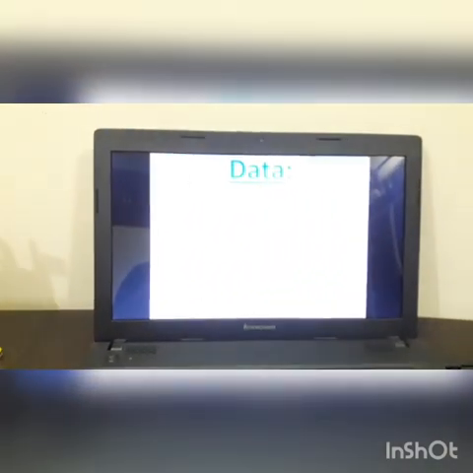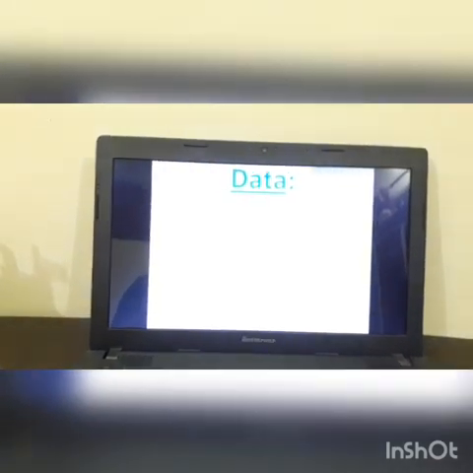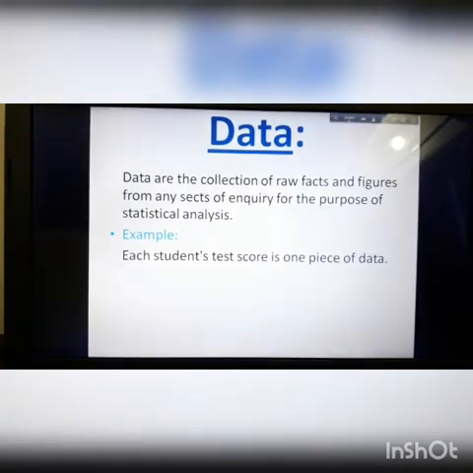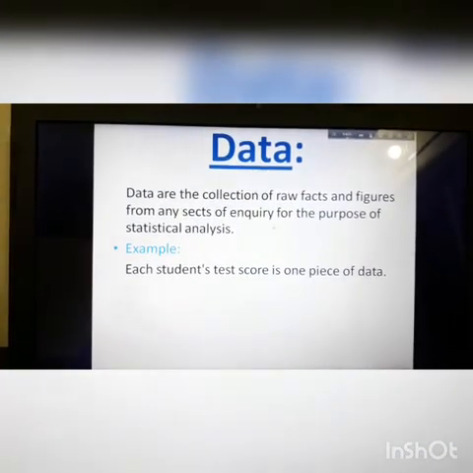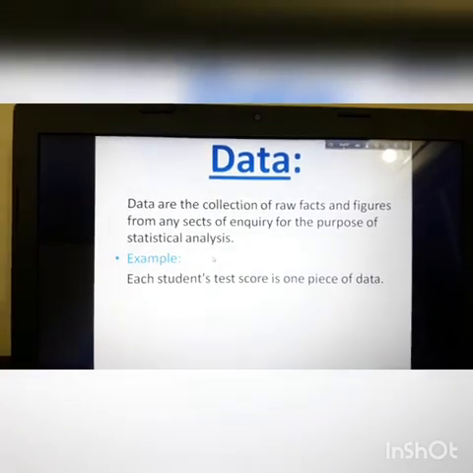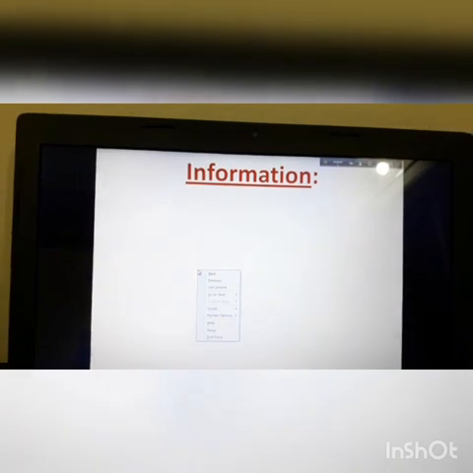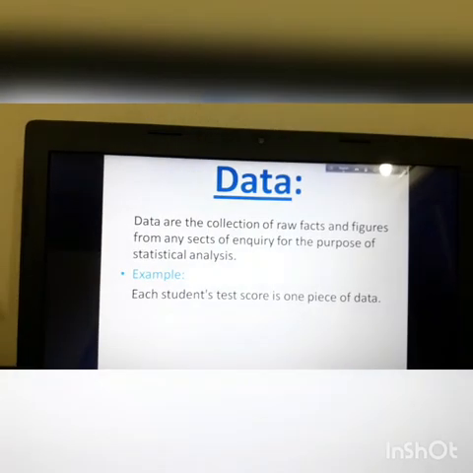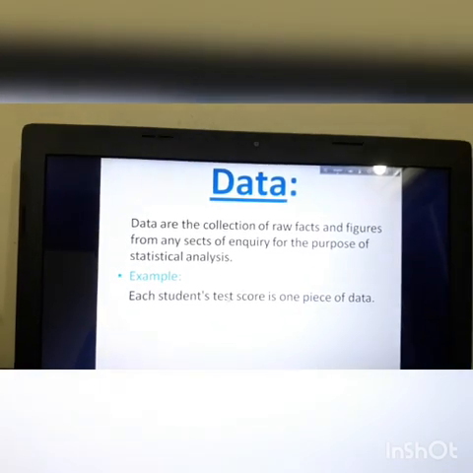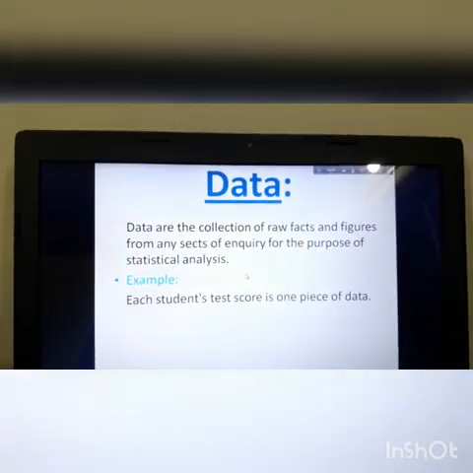Here we see that the definition of data are the collection of raw facts and figures from any sets of inquiry for the purpose of statistical analysis. For example, a student's test score is one piece of data.